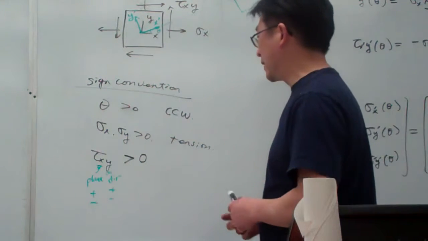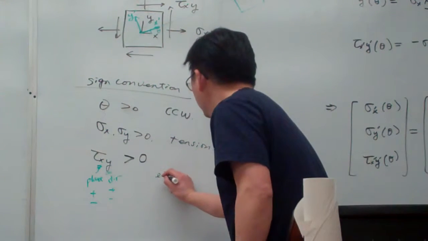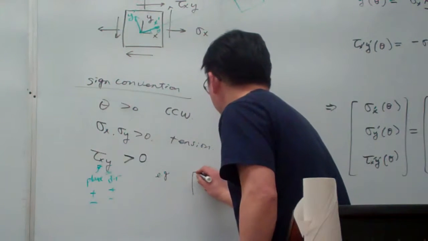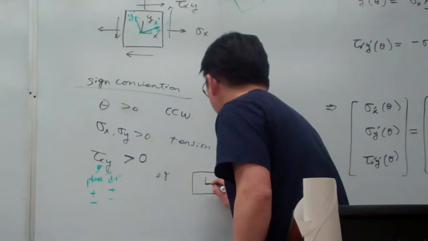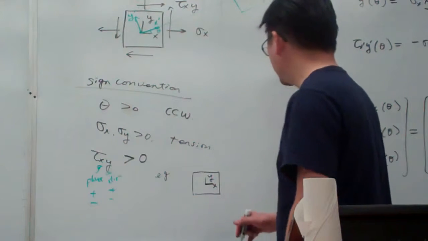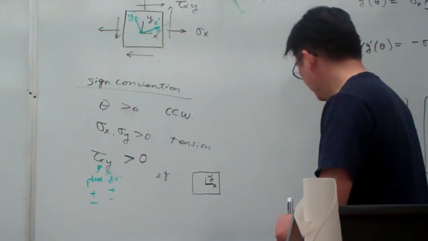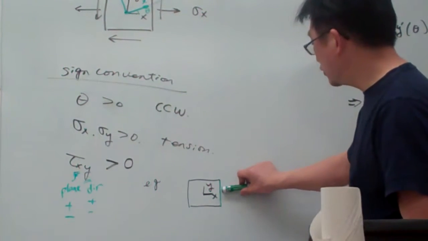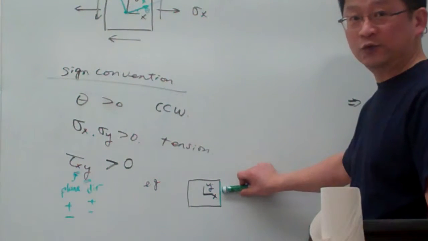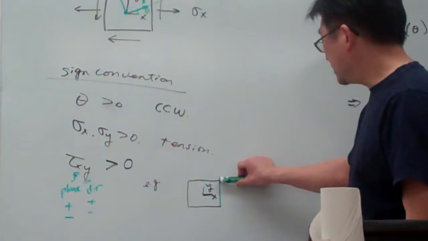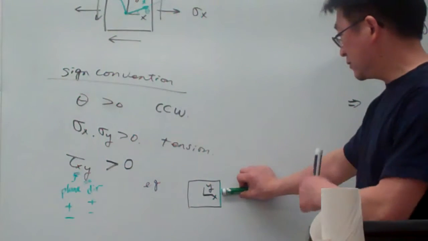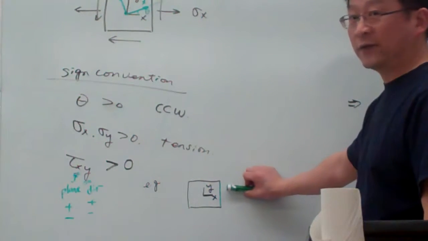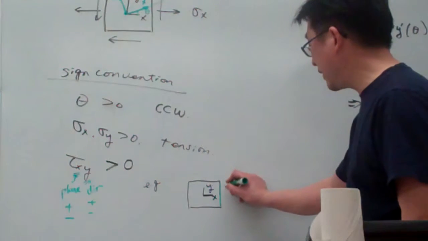Let me make one example. This is a stress element. This is the x-plane, which means it has a normal pointing in the x direction. This has an outbound normal in the positive x direction, so this is called a positive x-plane.